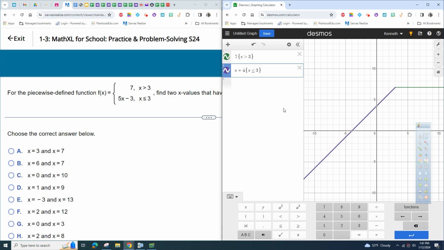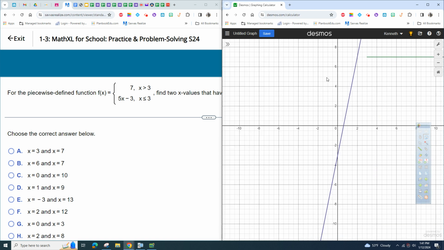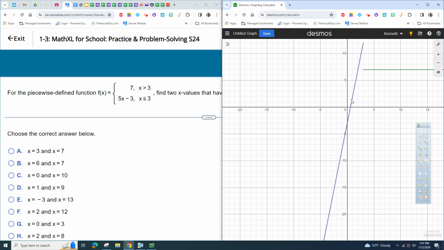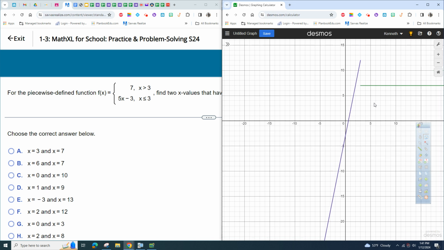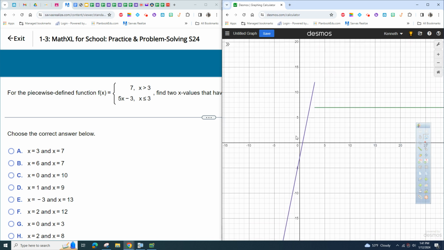Get that out and then put in 5x minus 3. Now, this is interesting. Let me put this over here so we can see the whole thing better. Coming from left to right, it's coming from negative infinity up to 3, and then picking up from 3 and going on and on, right?